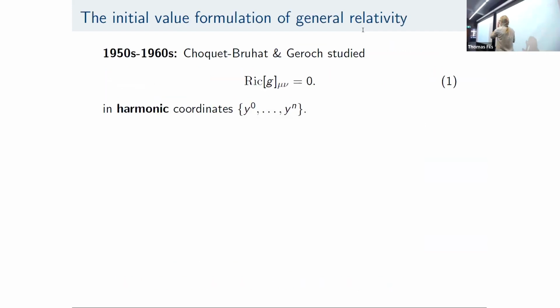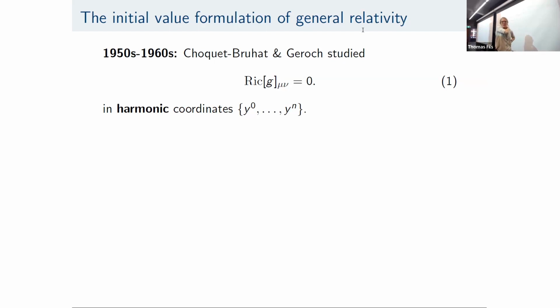Okay, so this is a problem that has been solved by Yvonne Choquet-Bruhat in the 50s, and then later also with Geroch. They studied the Einstein equation. Here I've just ignored the matter. And they used a very particular set of coordinates called harmonic coordinates.